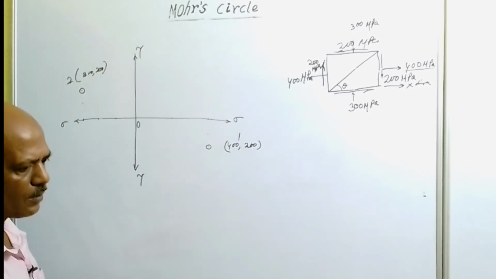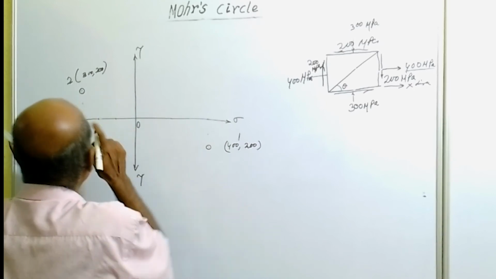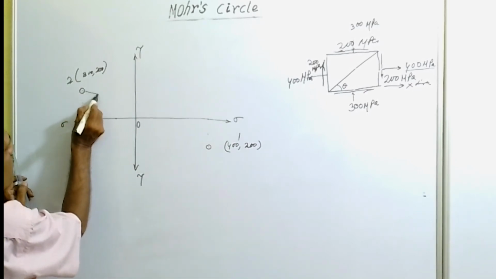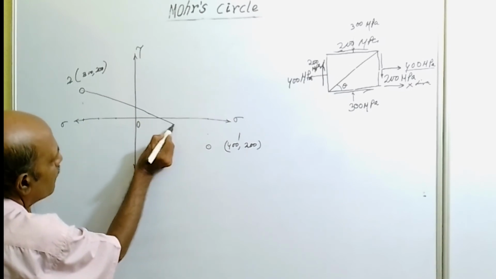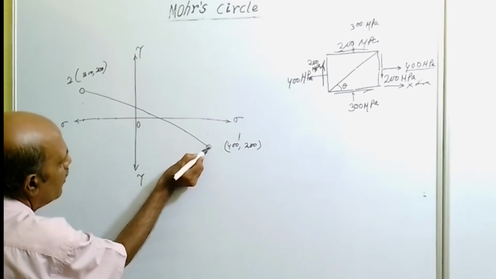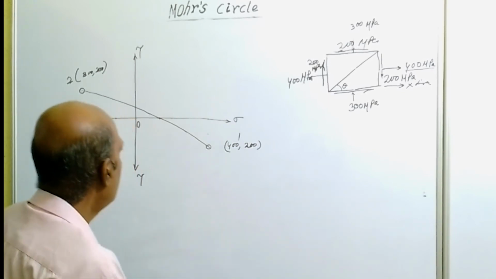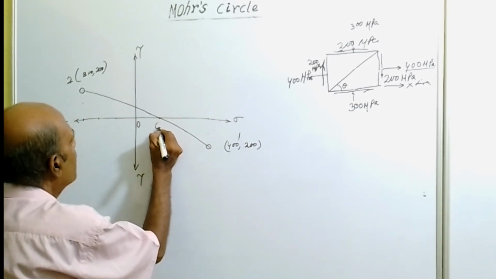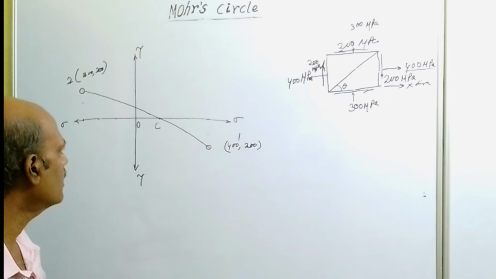Then join the first point and second point by a straight line. If we join them by a straight line, it will intersect the sigma axis somewhere, and this point becomes the center of the Mohr circle.